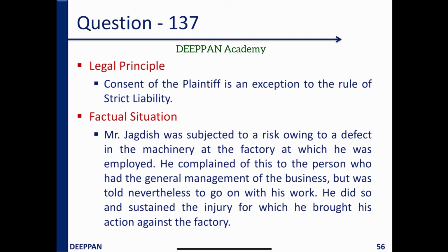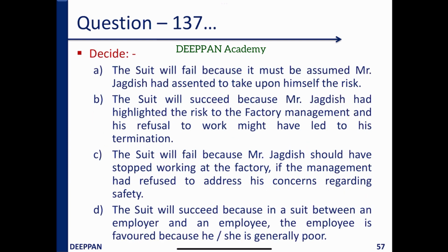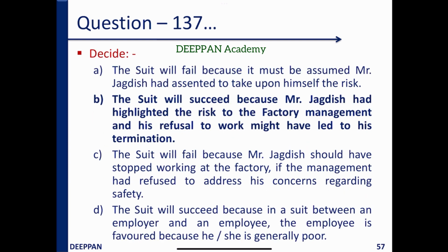He did so and sustained the injury for which he brought his action against the factory. The suit will succeed because Mr. Jagadish had highlighted the risk to the factory management and his refusal to work might have led to his termination.